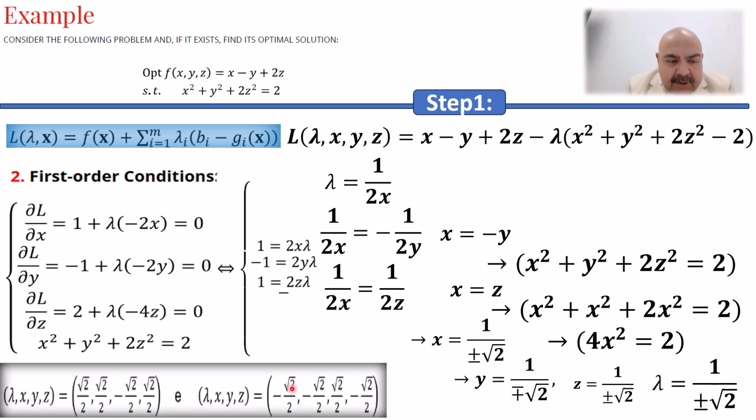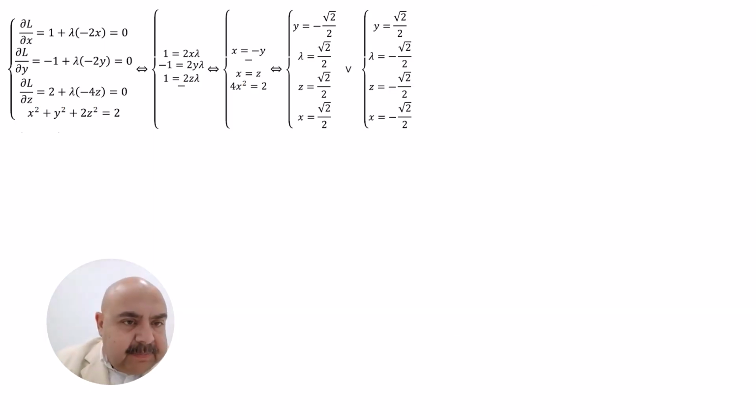That's the stationary points are going to be 2 main points as in the previous example. It's just accidentally happened. This is the first value of lambda, and that's the x, y, and z, in a similar manner for the second point. Now I will have to find the Hessian matrix, and from it the bordered Hessian matrix.